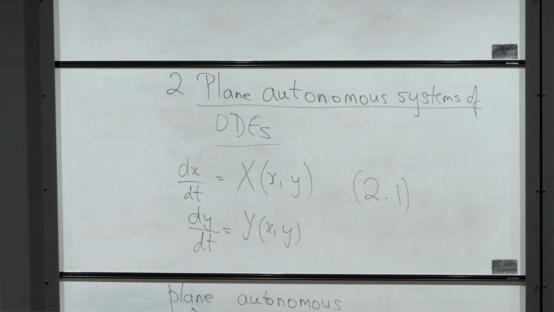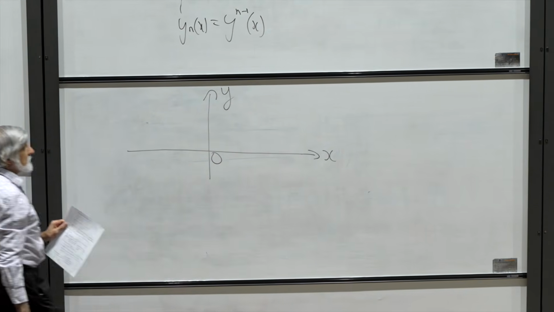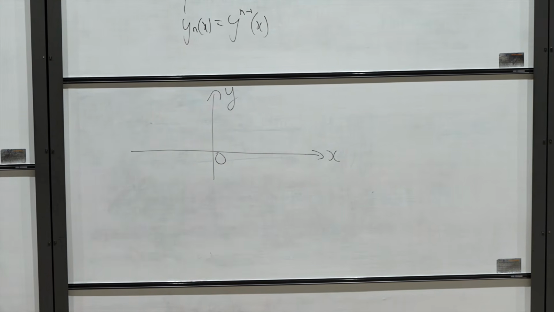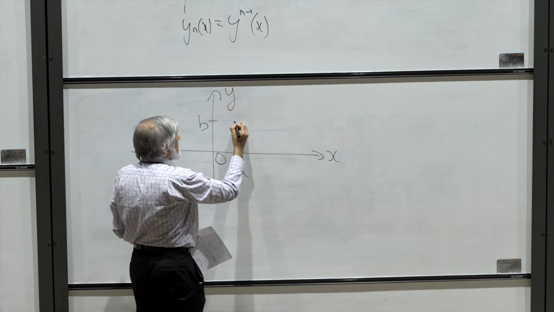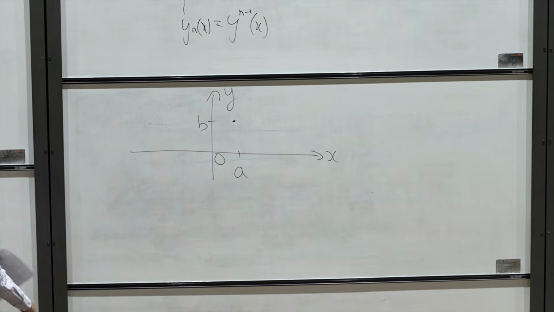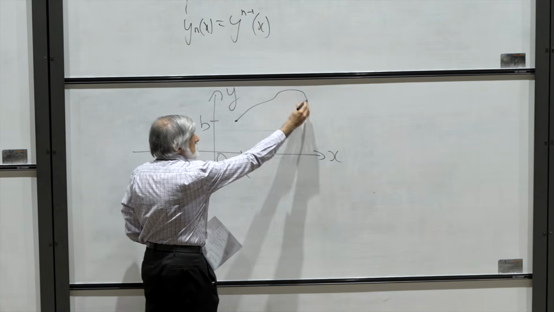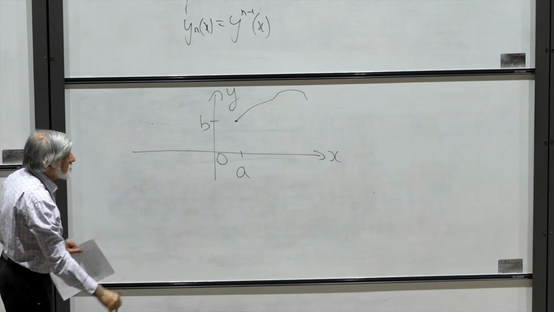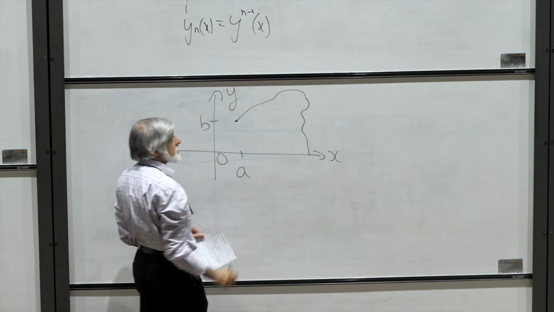So what we do is this. And then with this setup, initial condition A, B, we know a solution exists, and we know it's unique, and so we just plot that solution. So the solution, like that. Maybe it goes around, maybe it goes somewhere else, like this.